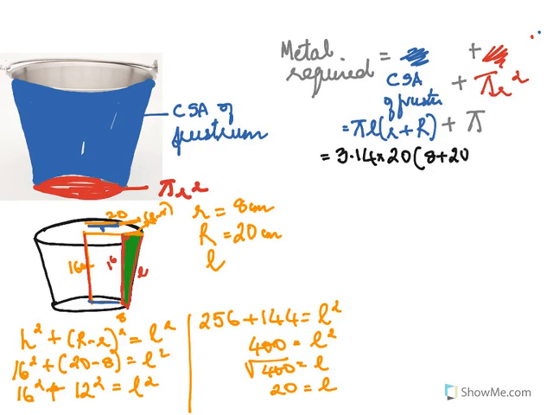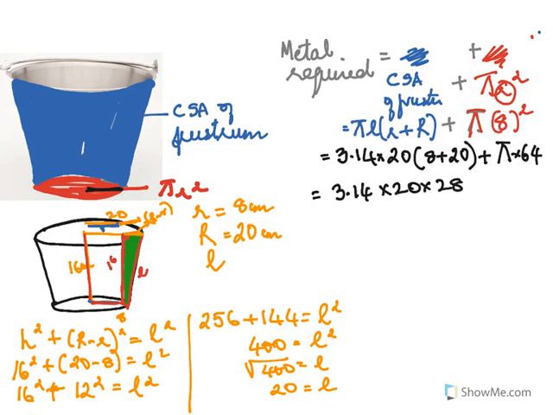And then the capital R we said was 20, plus pi. Oh, we left this incomplete here. This r is a small r. Which r is this? This one, the one below here. So we take that r as r square, that is 8 square. So here it would be 64. So equal to 3.14 into 20 into 28 plus 3.14 into 64.